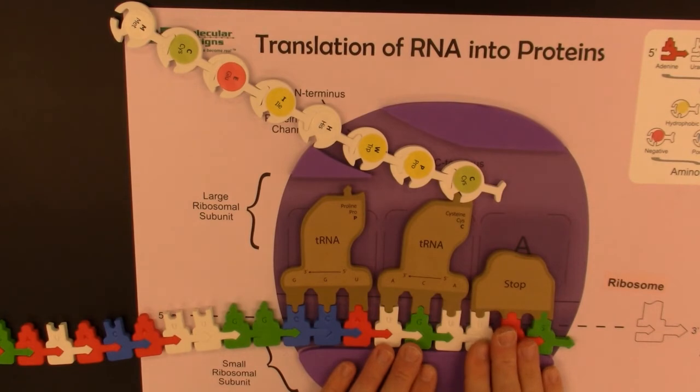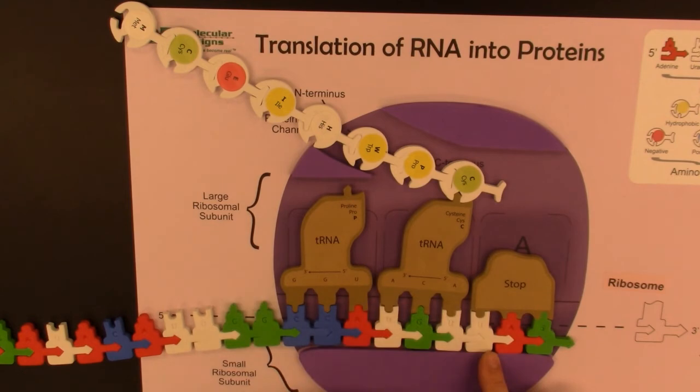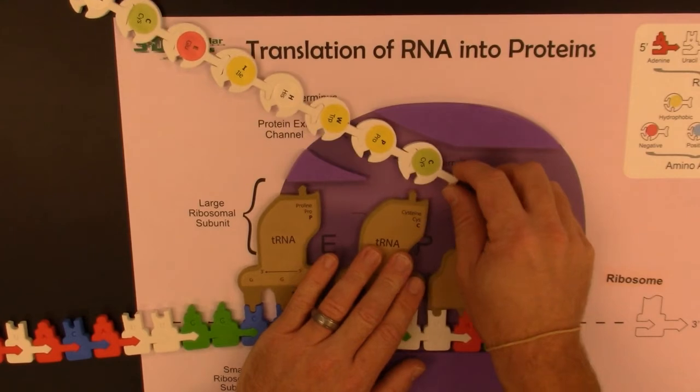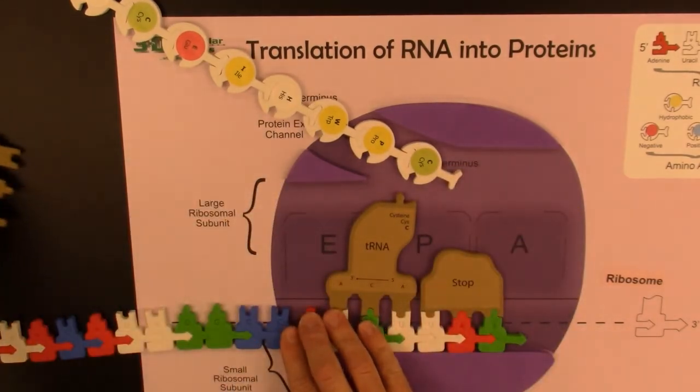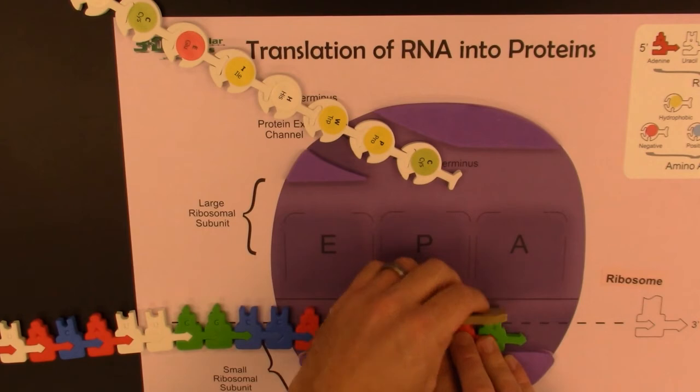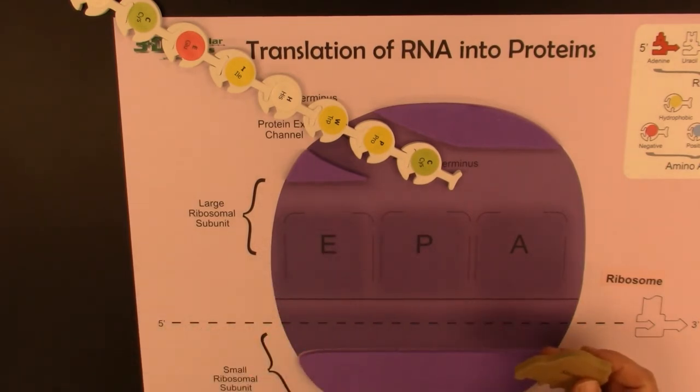So UAG was going to code for stop. And there are several other ways to code for stop as well. There's only one way to code for start, and that's the AUG. So as this moves along, disconnects, our tRNA molecules, they leave. Our mRNA leaves the ribosome.